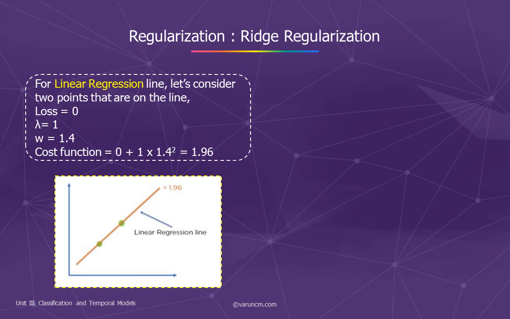The residual is 0, so loss is equal to 0. The penalty lambda here is 1, and the magnitude W is 1.4. So the cost function here is 0 plus 1 into 1.4 the whole square, which will be 1.96. So using this linear regression line, the cost function is 1.96.